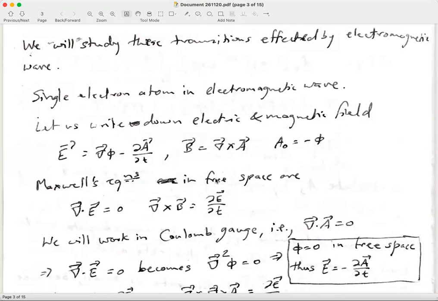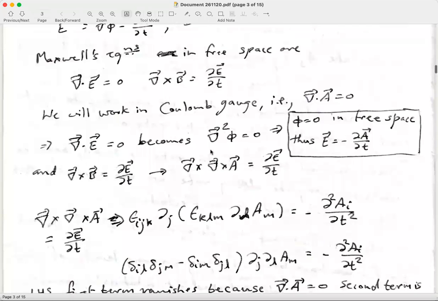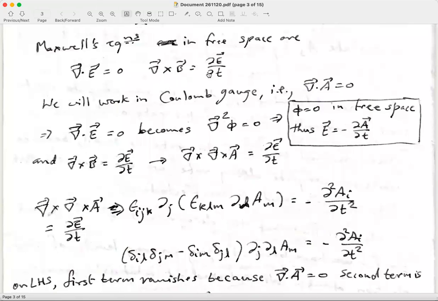So electric and magnetic fields are written like this: E is equal to minus the gradient of phi minus del A by del t, and B is the curl of the vector potential, and A0 is just minus phi. Maxwell's equations in free space would be del dot E is equal to 0 and del cross B is equal to del E by del t. And we will work in the Coulomb gauge.